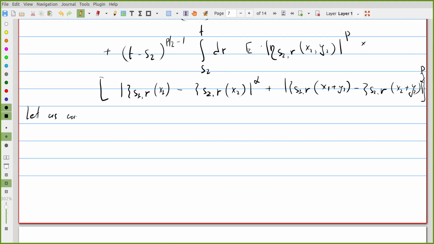Let us consider the second integral. We have already dealt with the first one.